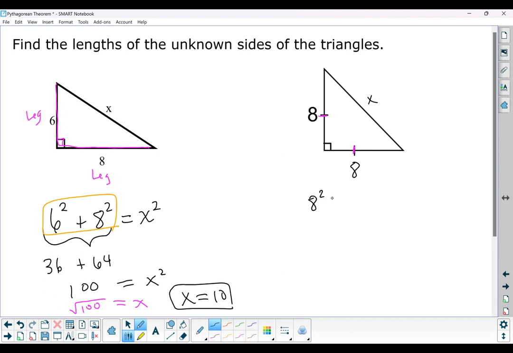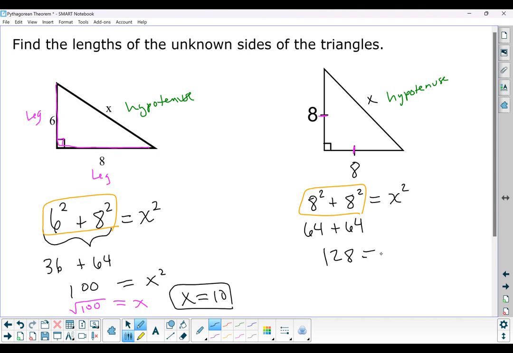So it'd be leg squared plus other leg squared is equal to hypotenuse squared. You can either type this straight into your calculator, or you can individually square those and then add them together. So we have 128 is equal to x squared.